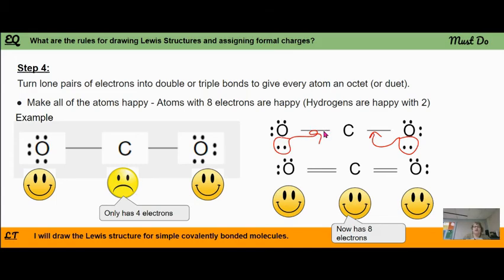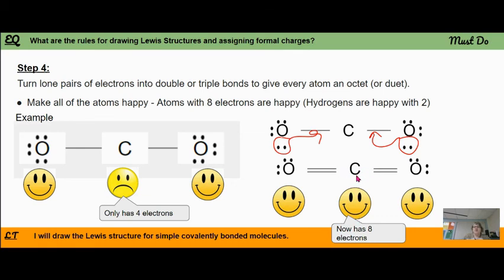So now I have a double bond. I'm also going to take these 2 electrons and move those in and we're going to have a double bond there. So now if I count, I have 2, 4. Remember, each stick is 2. So that's 6, 8 for the oxygen. They're happy. Same on this side. And then for the carbon, I have 2 from this one, 2 from that one. That's 4. And I have 2 from this one and 2 from this one. That makes 8.